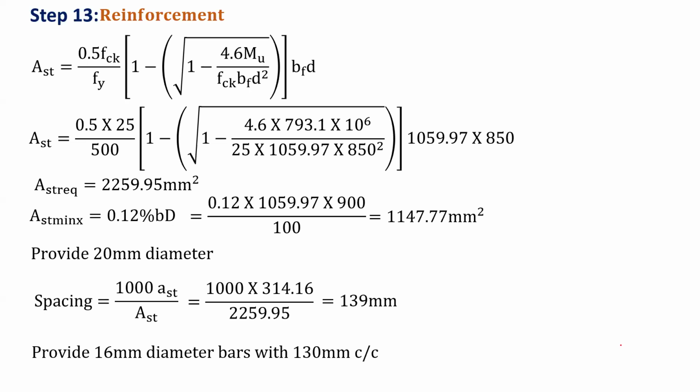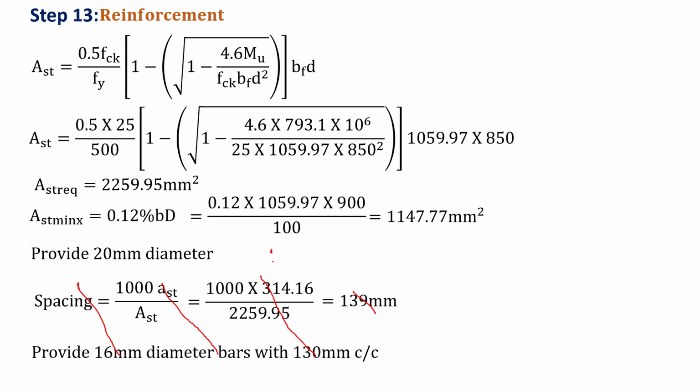So actually we have to provide it for beam, and as it is for beam, so we need not require to go for spacing. So we have used 20 mm diameter bars, and then we will get 2259.95 divided by value we have, that is 314.16, and we will get 7.19.